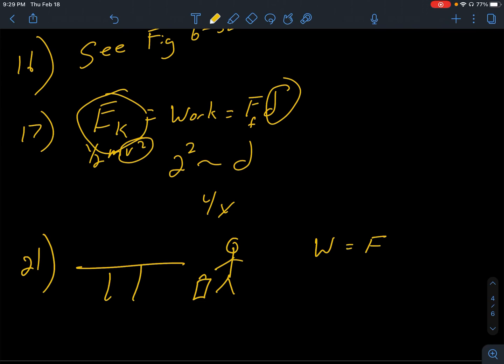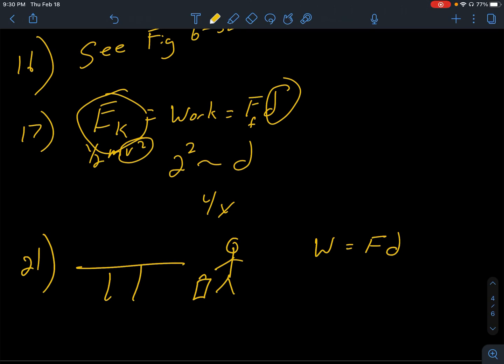So something to consider with work: the force that you apply needs to cause its motion in that distance that it moves. A push-up is called a push-up because you're only working out on the way up. Physics-wise, you're not doing any work on the way down.